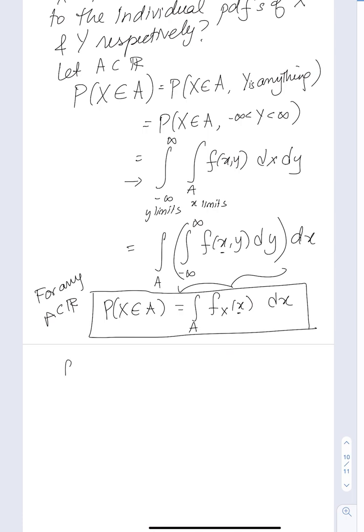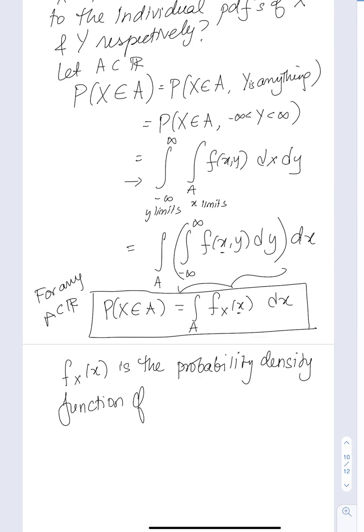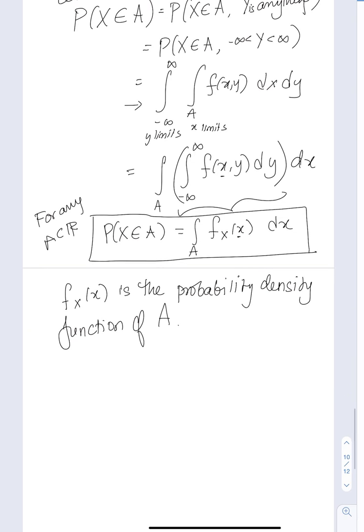That means that f sub x is the probability density function of x. So that's the relation: to get f sub x, you have to integrate out the y from the joint density.